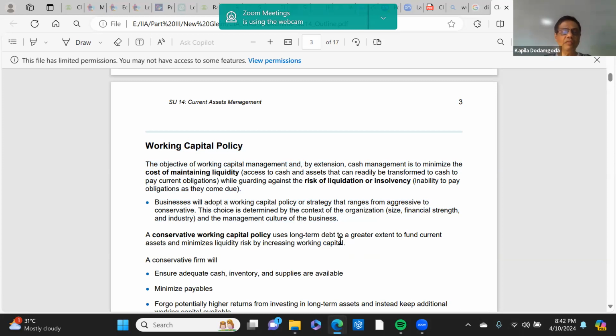If you fund a major part of your working capital with long-term funds, the funders may not demand repayment within a short period of time. Therefore, liquidity risk is less. So a conservative organization will use as much as possible, or a greater proportion, of relatively long-term funds to finance the working capital, right?